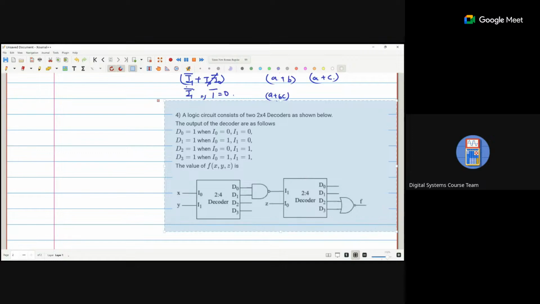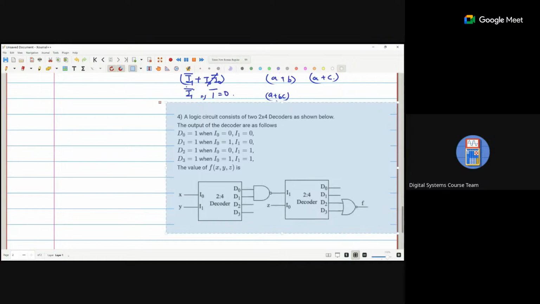When I naught and I1 both are 0, then D3 will be 1. If 0 1, D2 will be 1. If 1 0, D1 will be 1, and if 1 1, D0 will be 1. Now can you solve it? Yes, so we can try.